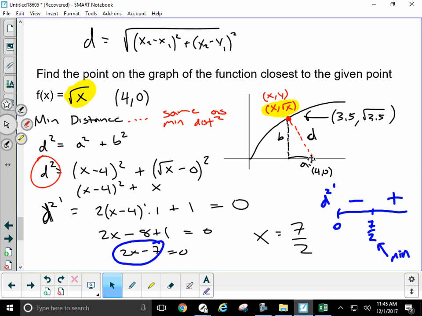And it must be the absolute min. Notice I didn't give you an interval. I just said over the entire function of the root of x, where do I have the minimum distance? Well, this confirms that that's the minimum.